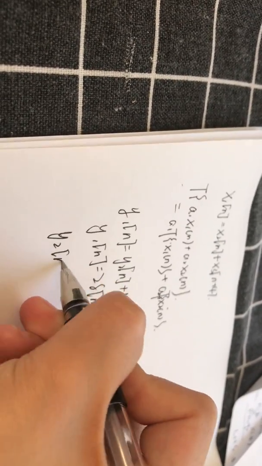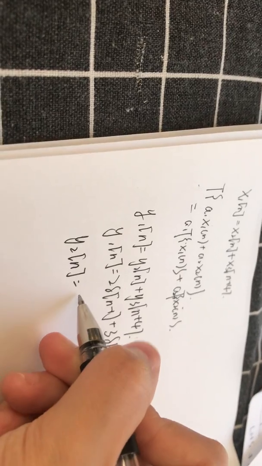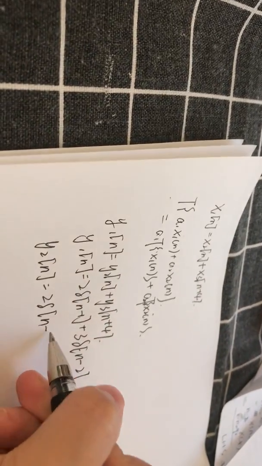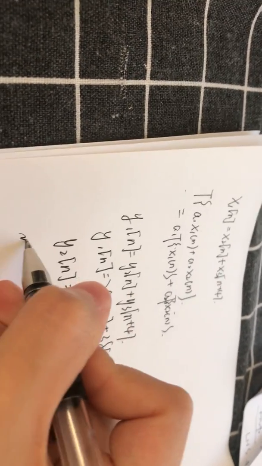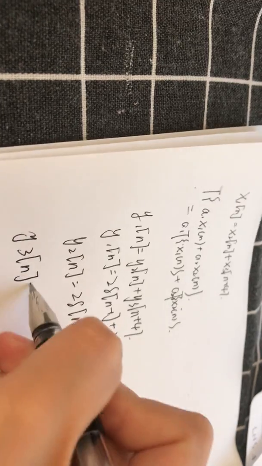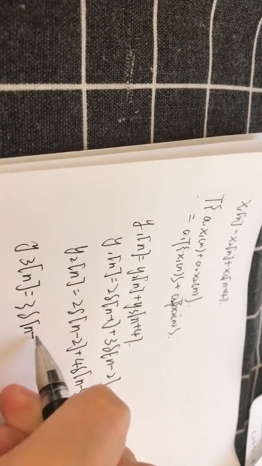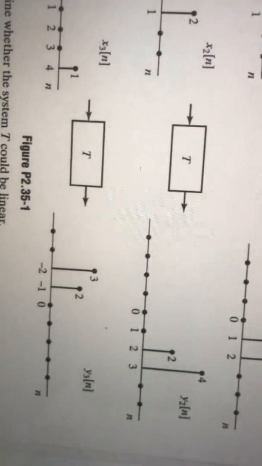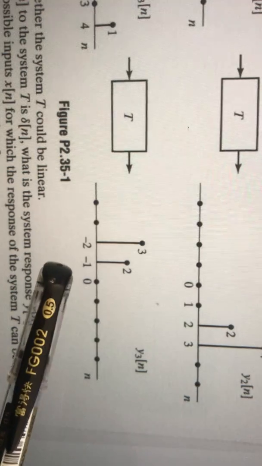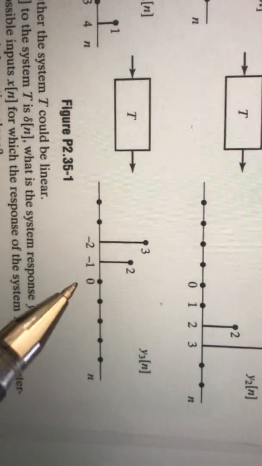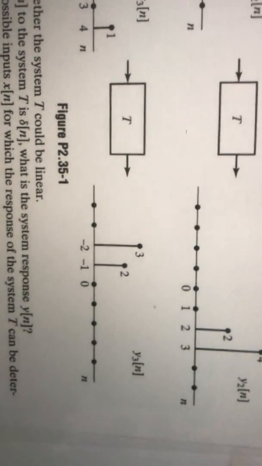So similarly, we could write down y2. This one is special because this is a left shift version of delta[n] with step 1 and step 2 multiplied by 2 and 3.